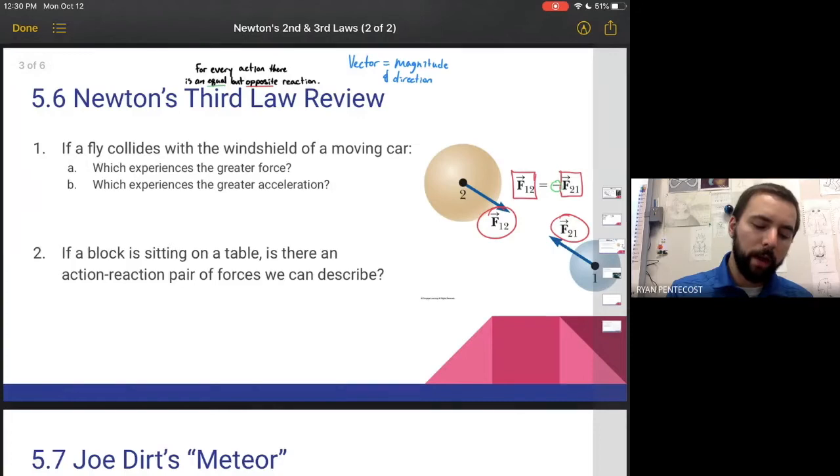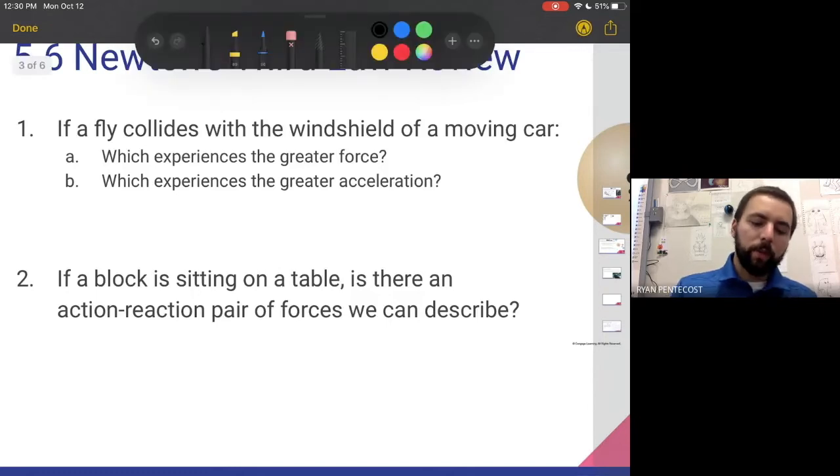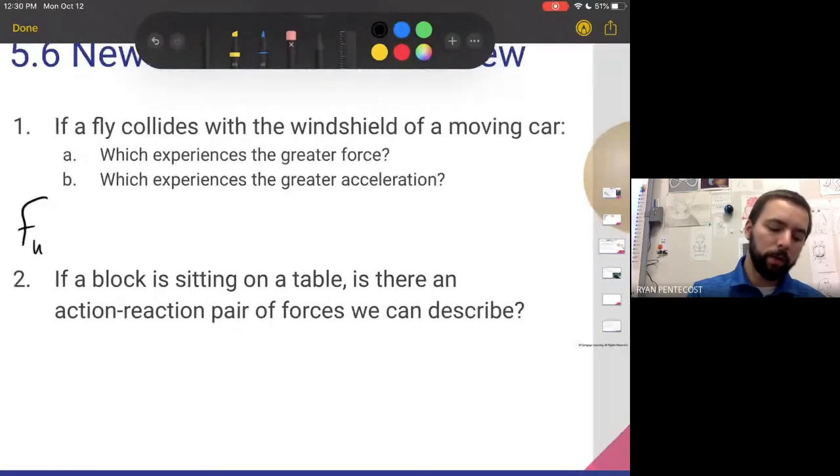If a fly collides with the windshield of a moving car. First, letter A, which experiences the greater force? Right. So we've got a fly colliding with a windshield of a moving car. So we have the force of the windshield on the fly, right?